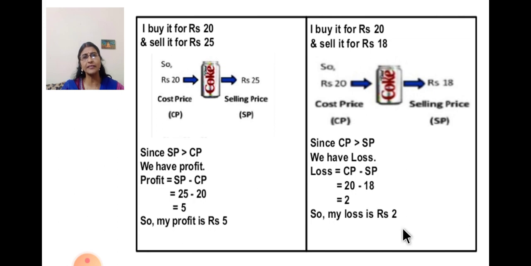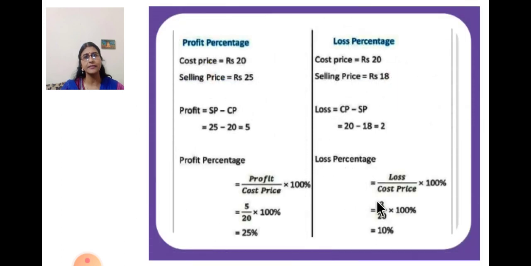So now we will understand how to find out profit percentage and loss percentage. See, to find out profit percentage, we'll do like this, and for loss percentage, we'll do in this way. So let us understand, cost price here was 20 rupees and selling price is equal to rupees 25. So we made a profit of 5 rupees. So how to find out profit percent? This is the formula for profit percent.